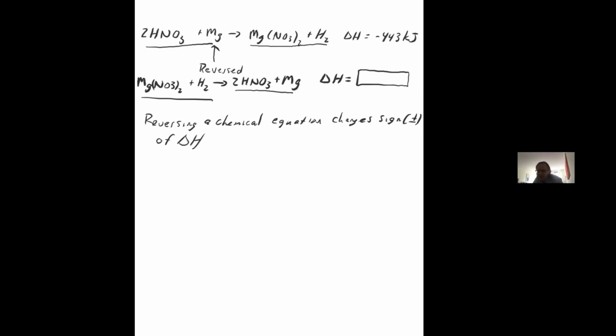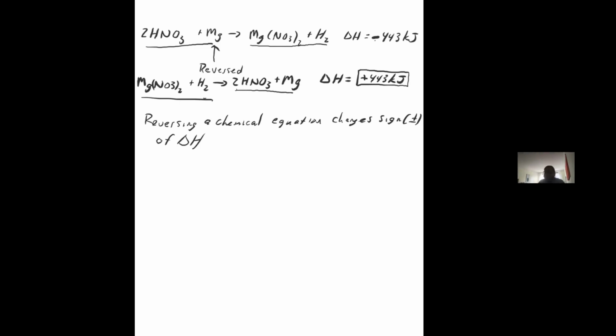So in other words, if it's positive coming in, it's negative going out. So we reverse the equation, and all we do is change the sign. Now it becomes positive 443 kilojoules instead of negative 443 kilojoules. Very simple, right?